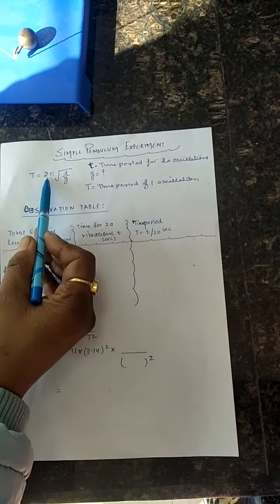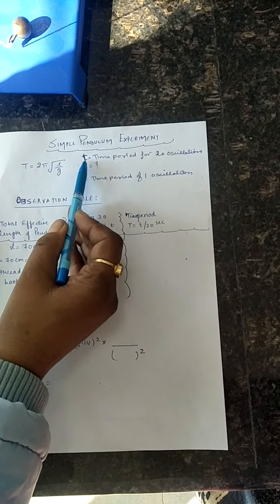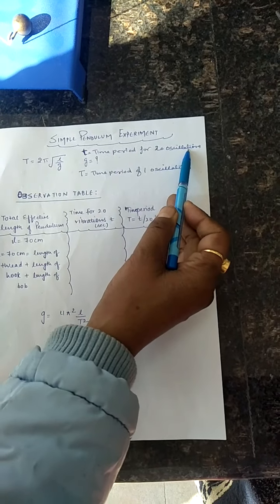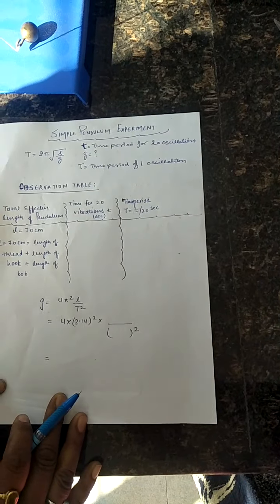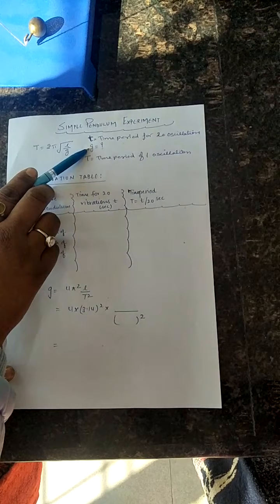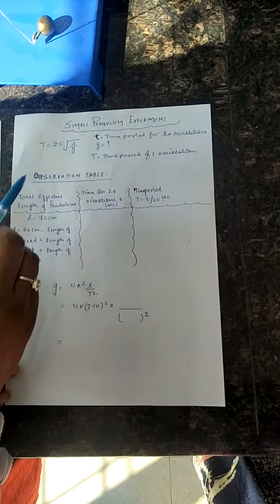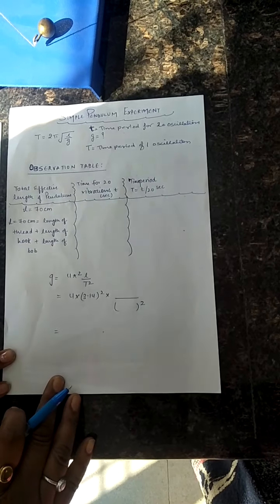Time period is equal to 2 pi under root L upon g, where small t is the time period for 20 oscillations, which we have already calculated as 34 seconds. We have to calculate the value for g. Capital T is the time period of one oscillation.